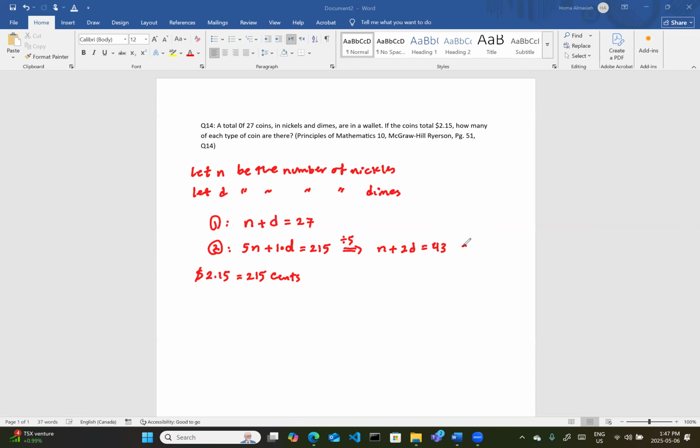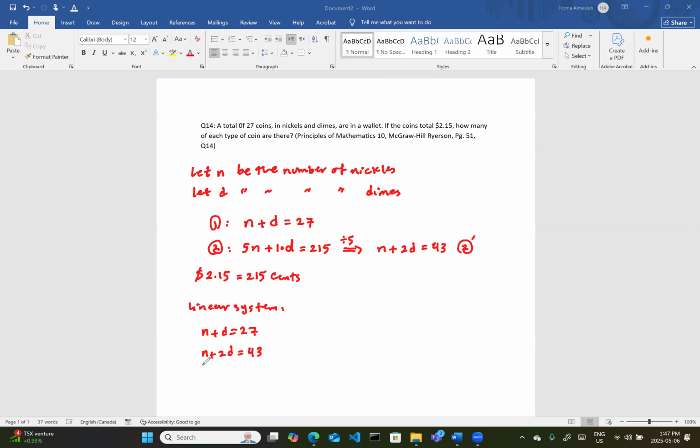We are calling this 2 prime. So now we have a linear system of two equations. The first equation is n plus d equals 27, and the second equation is n plus 2d equals 43.